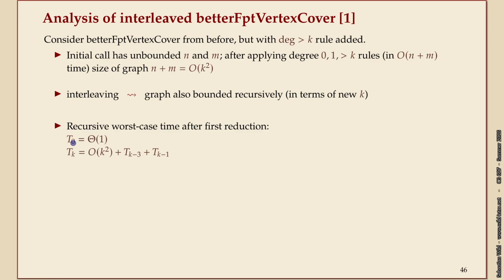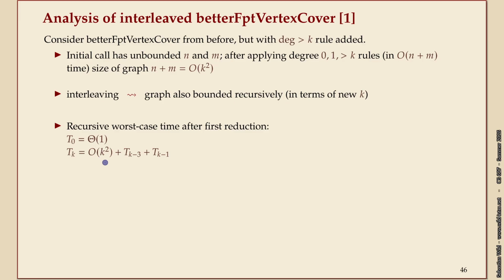So the recursive cost for this can be written as some base case, and then for the recursive calls, same contribution as before, but now an extra term that captures finding the largest degree vertex and potentially reapplying our reduction rule.